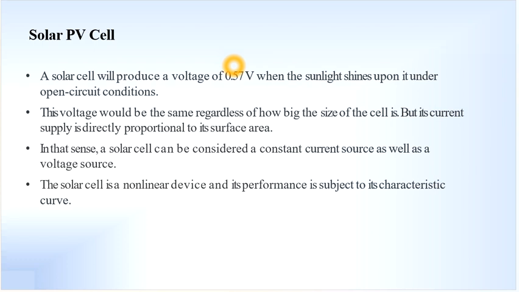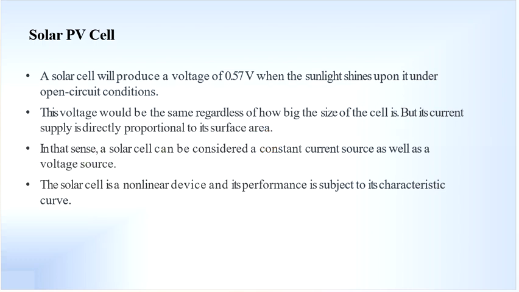When the sunlight shines upon it under open conditions, it will produce a voltage of 0.57 volts, and this voltage would be the same regardless of how big the cell is, but its current supply is directly proportional to its surface area, right? The surface area decides the current rating.